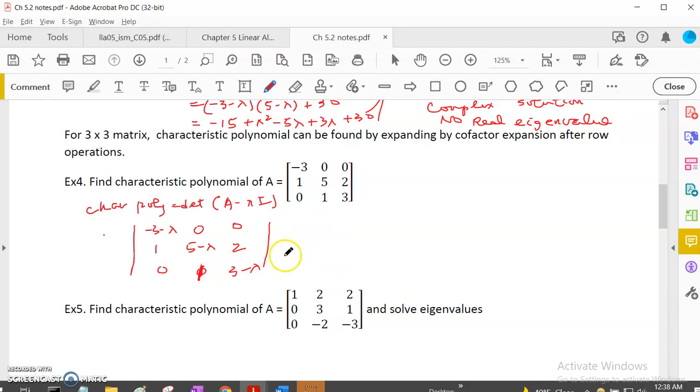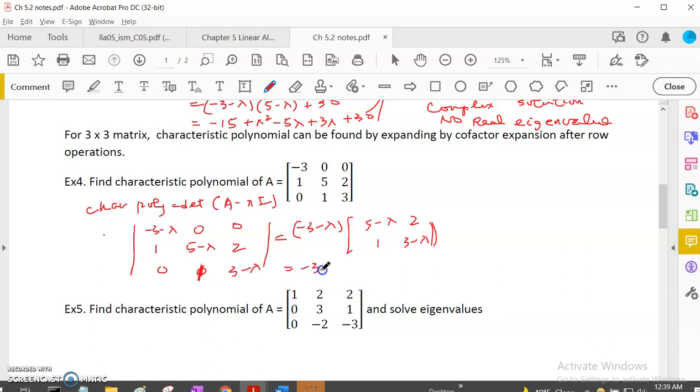Okay, so expand it out. I would need to expand the first row, so it's negative 3 minus lambda times the cofactor, 5 minus lambda, 2, 1, 3 minus lambda.